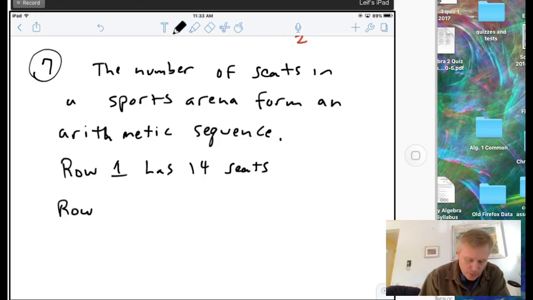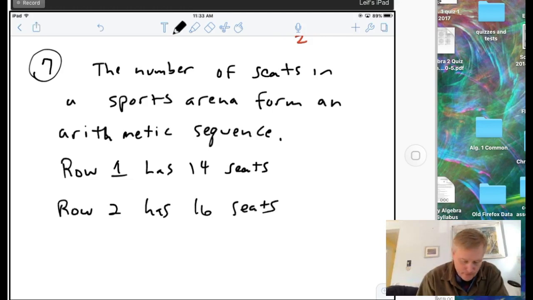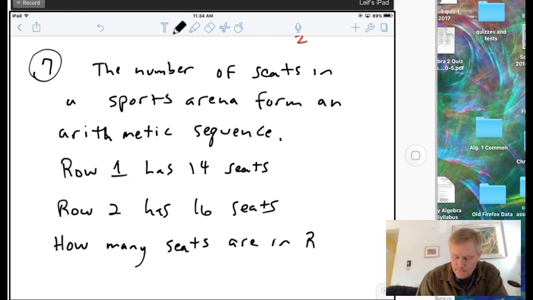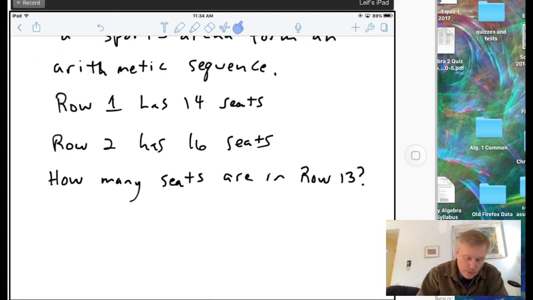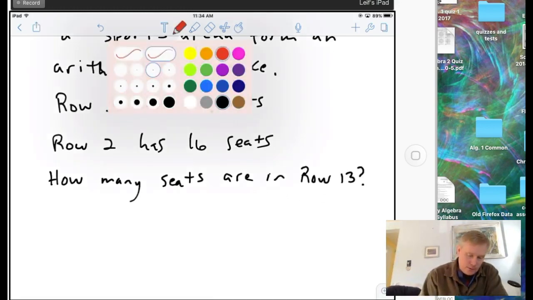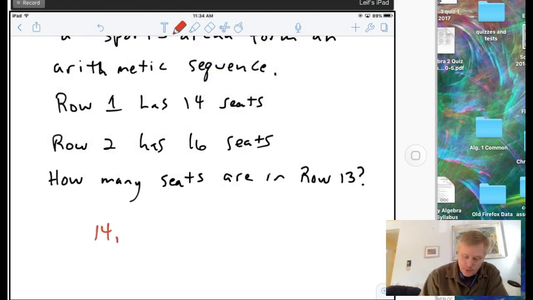Row 2 has 16 seats. Row 3, oh, no, never mind, not row 3. How many seats are in row 13? Lucky row 13.